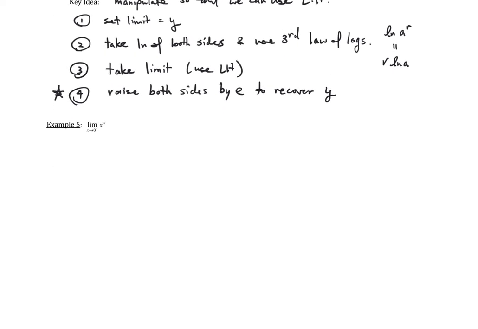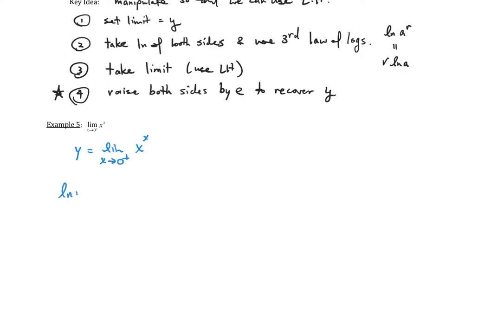So let's take a look at example 5 here. Okay. So the first thing that we do is we're going to write y is equal to the limit as x approaches 0 from the positive side, x to the x power. Okay. Then we're going to take natural log of both sides.